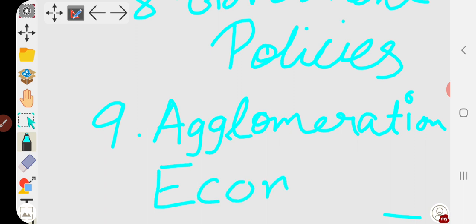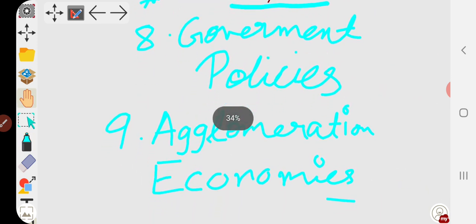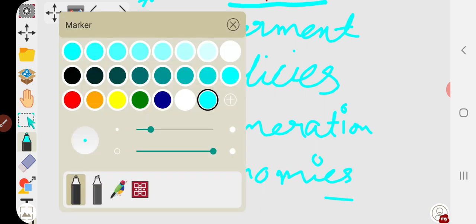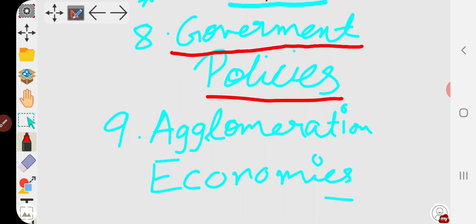Now when these subsidiary industries develop, they use the benefit of the main industry. Just to give an example, when a cotton textile industry develops, what other industries can develop nearby? The tailoring industry can develop, or the dyeing industry, or the packaging industry.